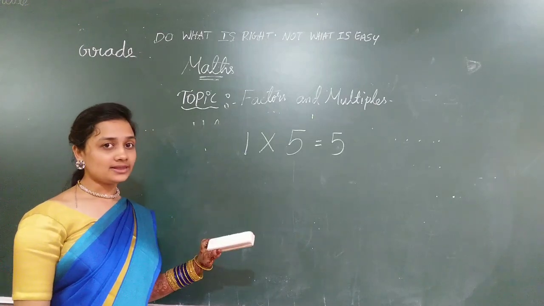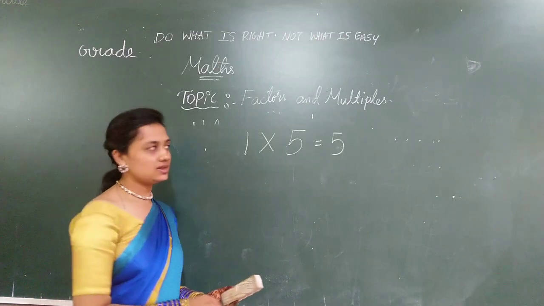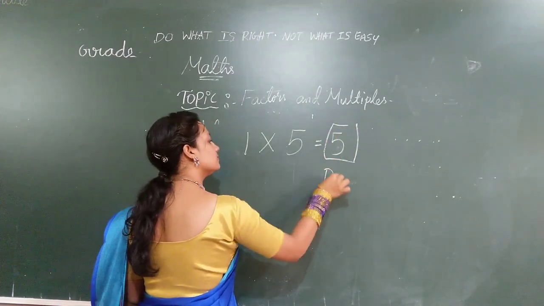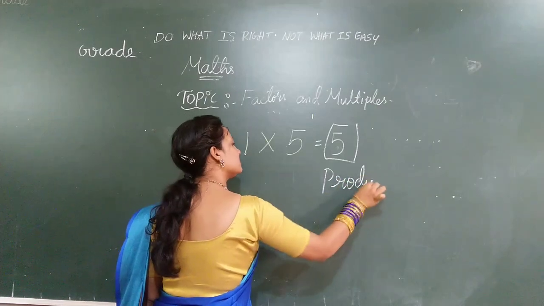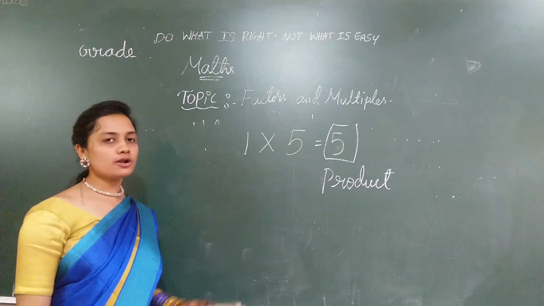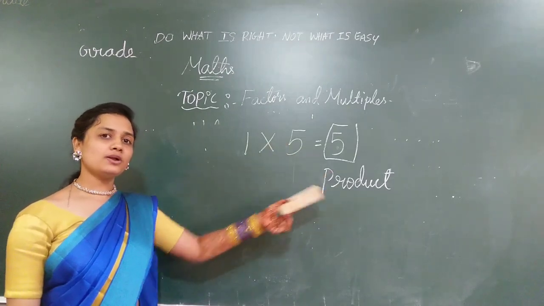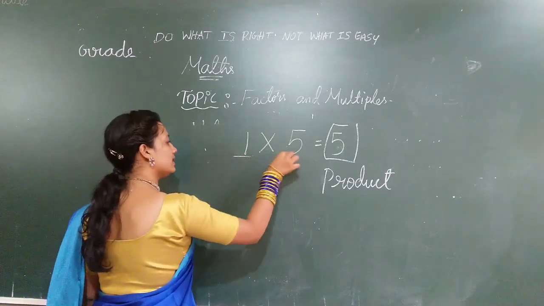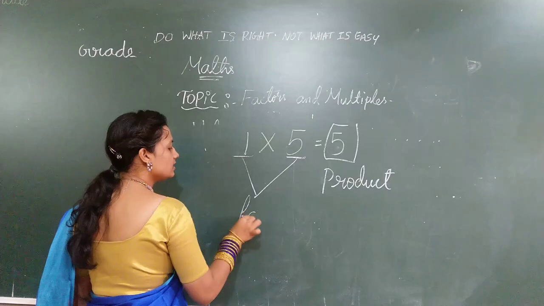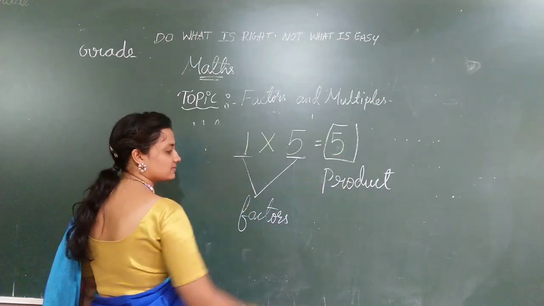Yes, factors are nothing but we will use multiplication in it. You know what it is called? Product. Which two numbers are getting multiplied to give this product? 1 and 5. So this 1 and 5 are called factors of 5.